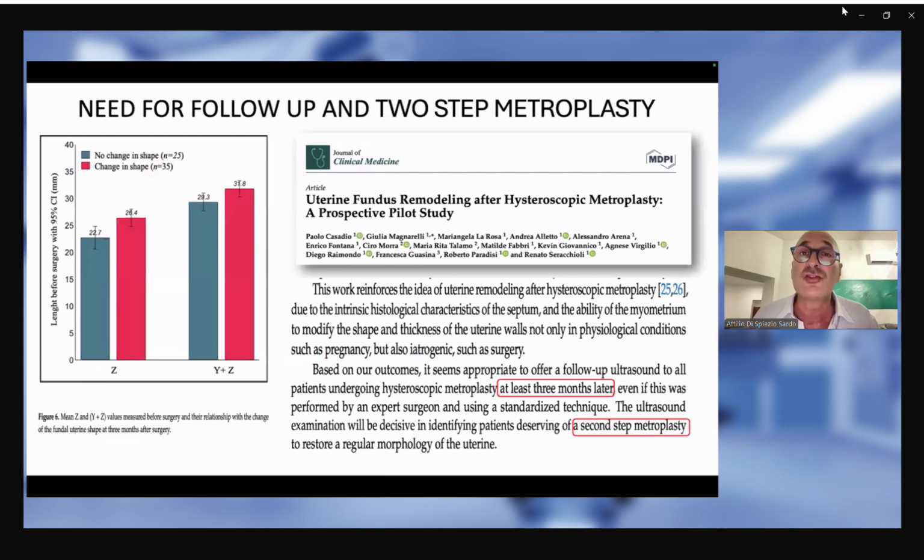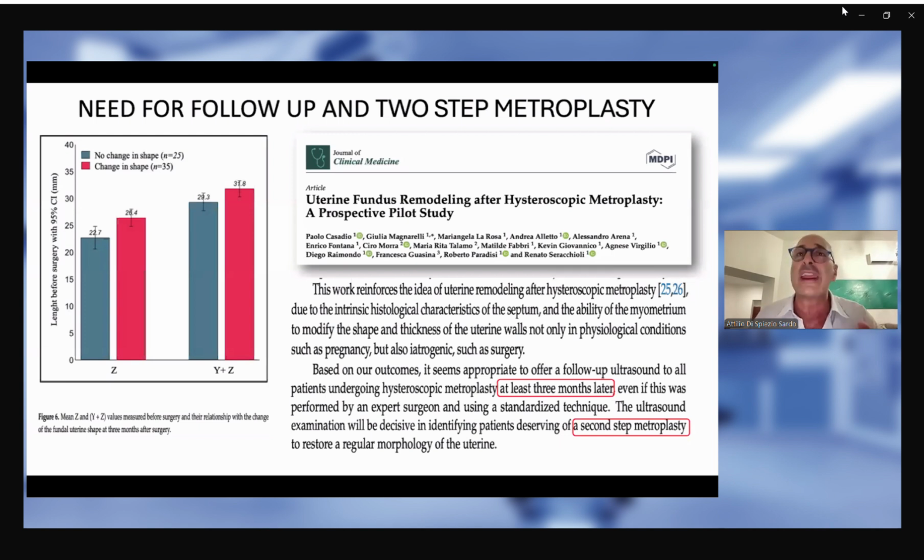And the school of Gianpietro Gubbini and Paolo Casadio has perfectly shown with the study of 3D sonography that it's not a matter of the surgeon, but you need the second step of your metroplasty surgery, because there is a remodeling of the uterus itself. That's why in our protocol, we generally tell the patient that she needs a 3D sonography and a follow-up hysteroscopy 2-3 months after the surgery.